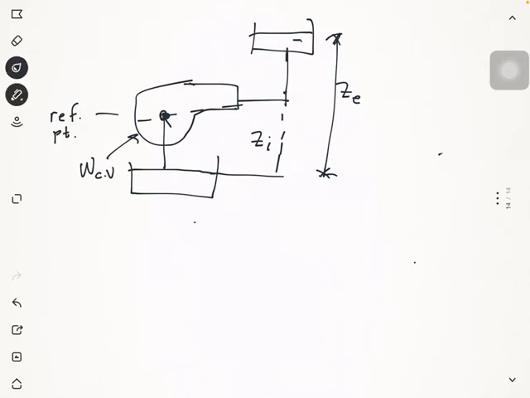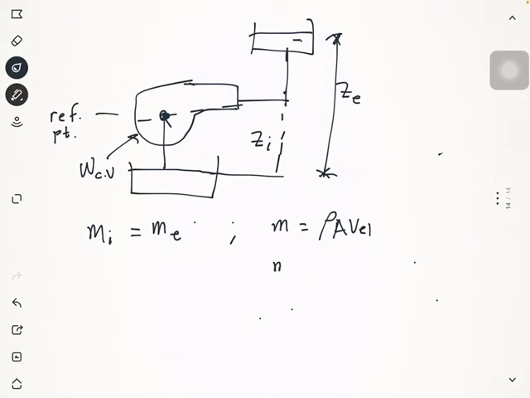So by conservation of mass, the mass that is entering here is equivalent to the mass that is leaving. You know that the equation of mass flow rate could be this one: m equals the density times area times velocity.